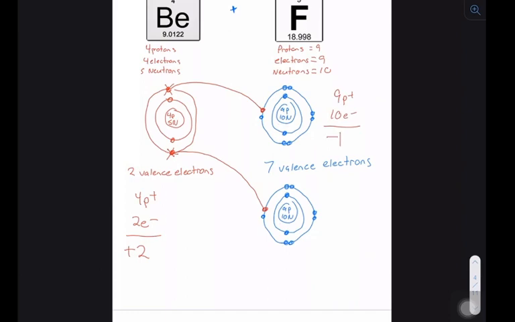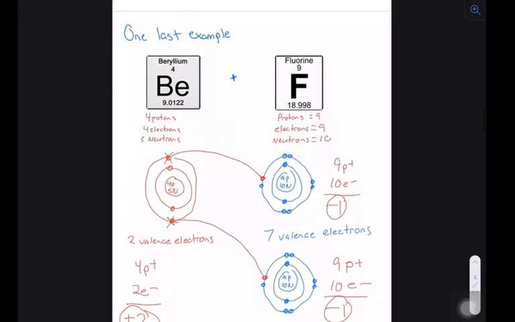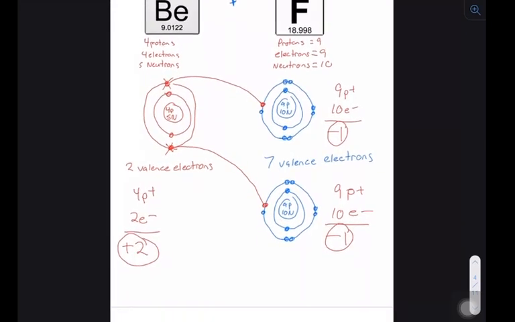And the same would be for this one as well: 9 protons, 10 electrons for a -1. So the +2 electrical charge of beryllium is balanced by 2 -1 fluorides taking electrons from it.